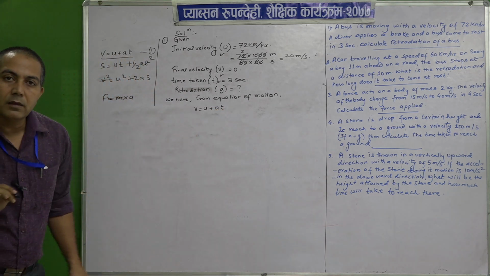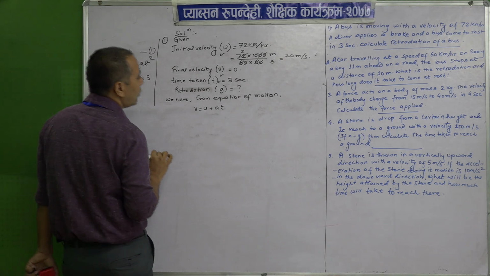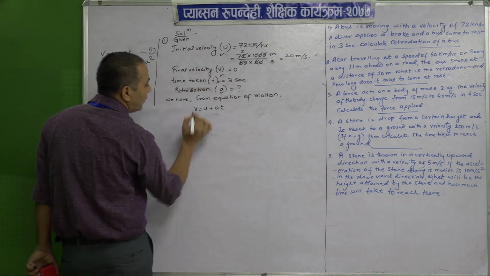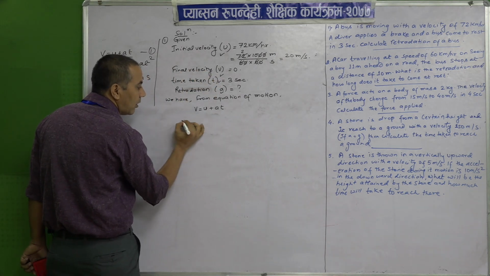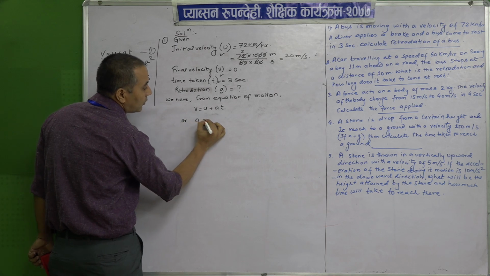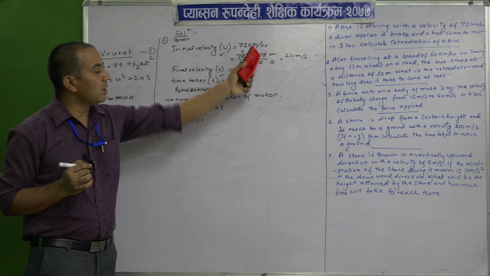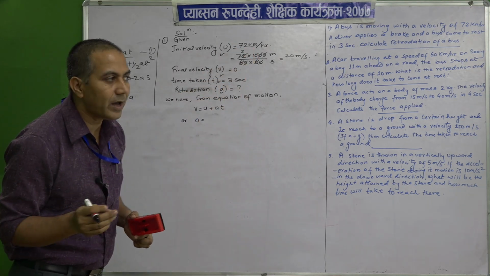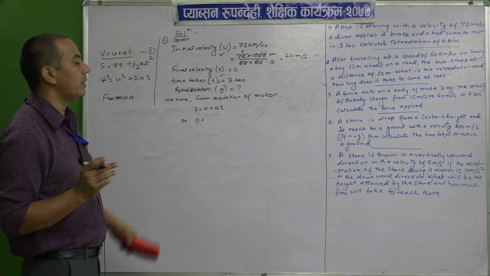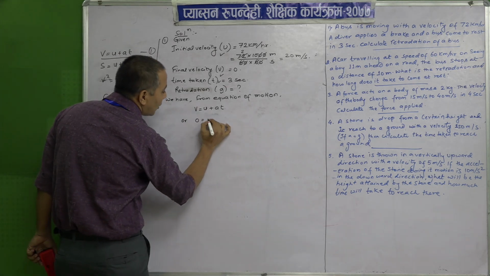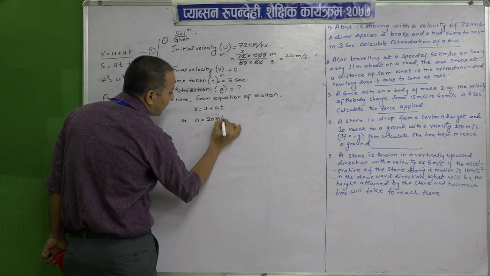Yes, v equals u plus at. What is the value of v? It is 0. And u, how much? 72 kilometer per hour. Can we write this? No, we have to write the SI unit, that is 20 meter per second.